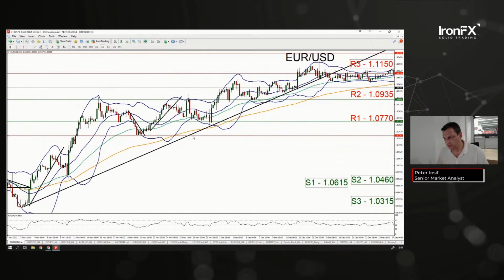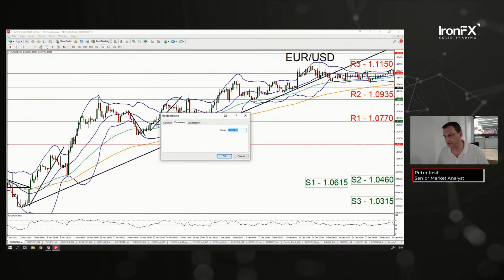This peak is true here, but in my opinion, that's way too close to the S2. So moving it a little bit lower. This was also a very nice support level. And green, 1.0316.